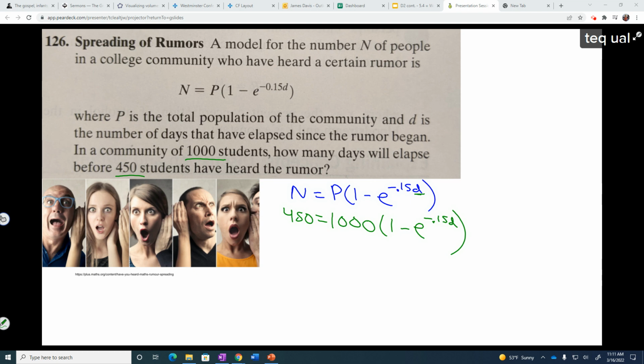And we're going to solve for D. Now we just have one unknown variable, it's D. So what's our first step? Yeah, we'll divide by 1,000 first. Get rid of that 1,000 over there.